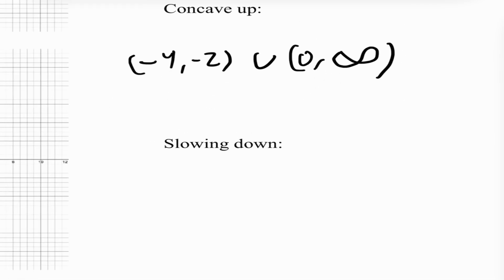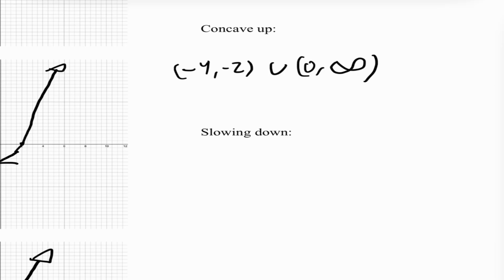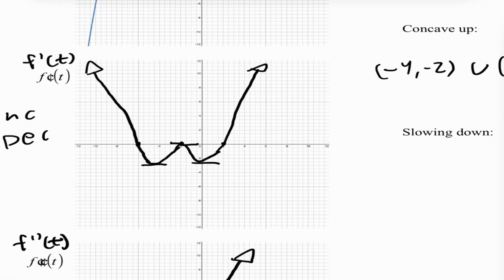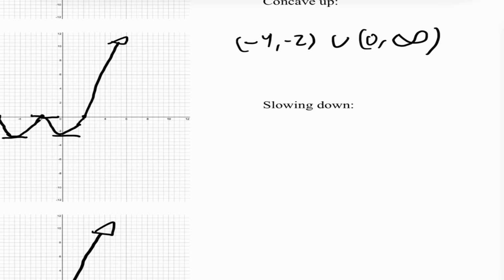Next asks for slowing down. For this, we'll be looking at both our f'(t) graph and f''(t) graph. To help us out, let's look at our intervals for both graphs.